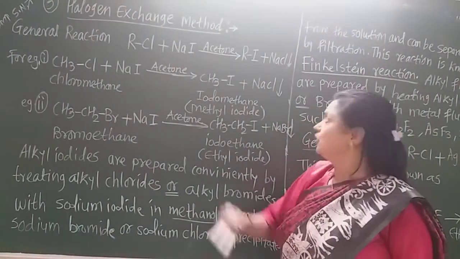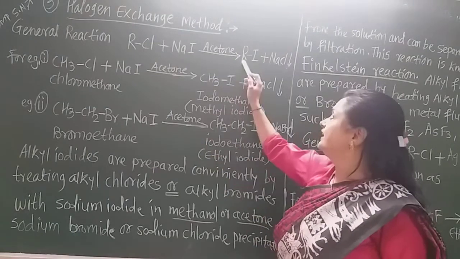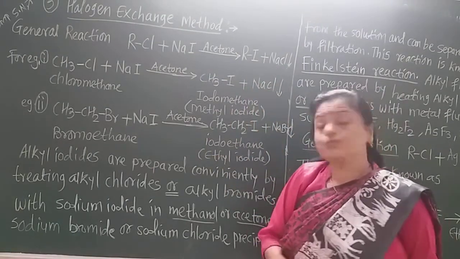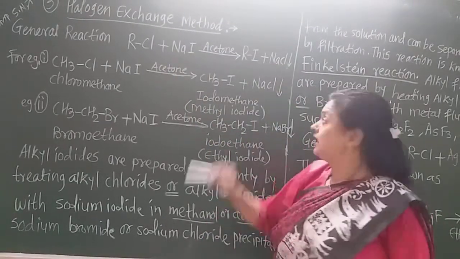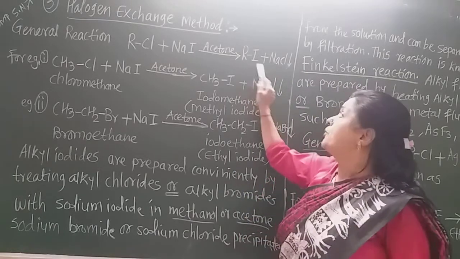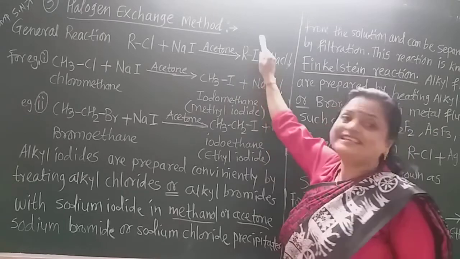Alkyl iodides are formed. R is the alkyl group, I is the iodide. And another salt is formed, NaCl, which will get precipitated here, so the arrow is in downward direction. And in this way we obtain the alkyl iodide, which is the main product of this Finkelstein reaction.